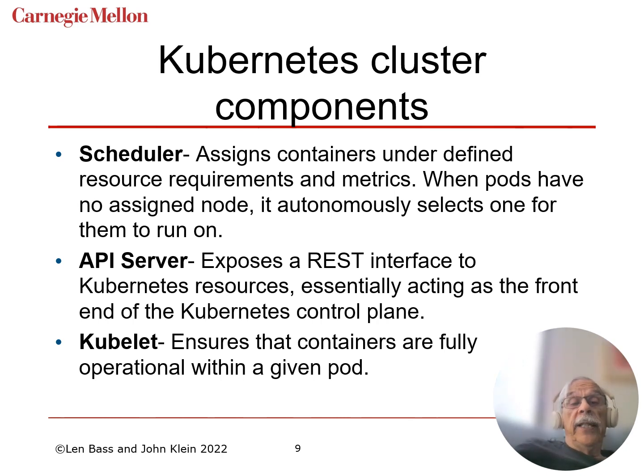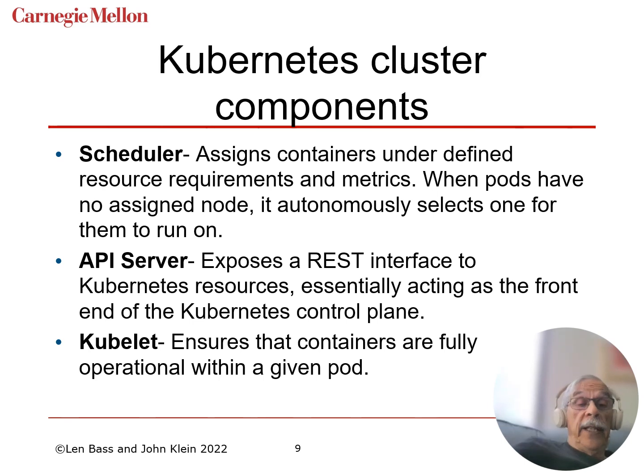So the Kubernetes cluster components: you have a scheduler that assigns containers based on their resource requirements. And when pods have no assigned nodes, when they're empty, it selects one. So the scheduler selects a node for the container to run on.